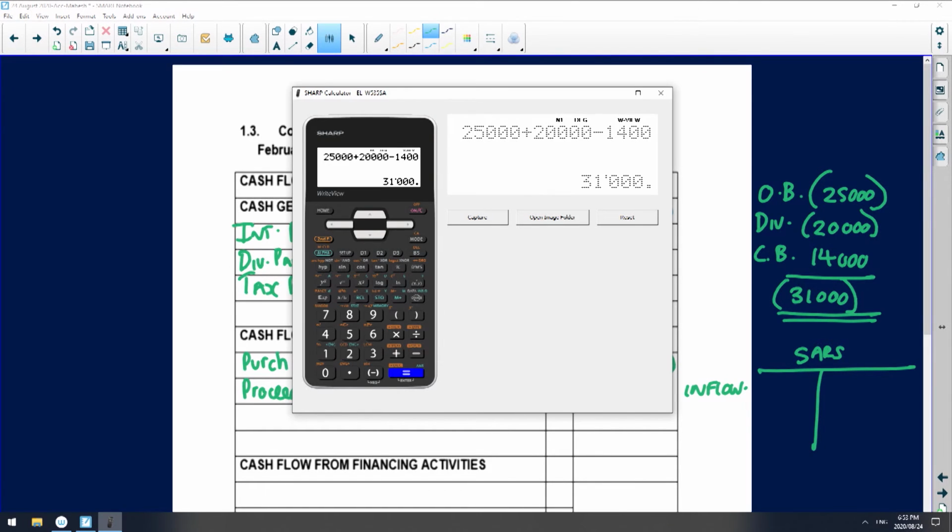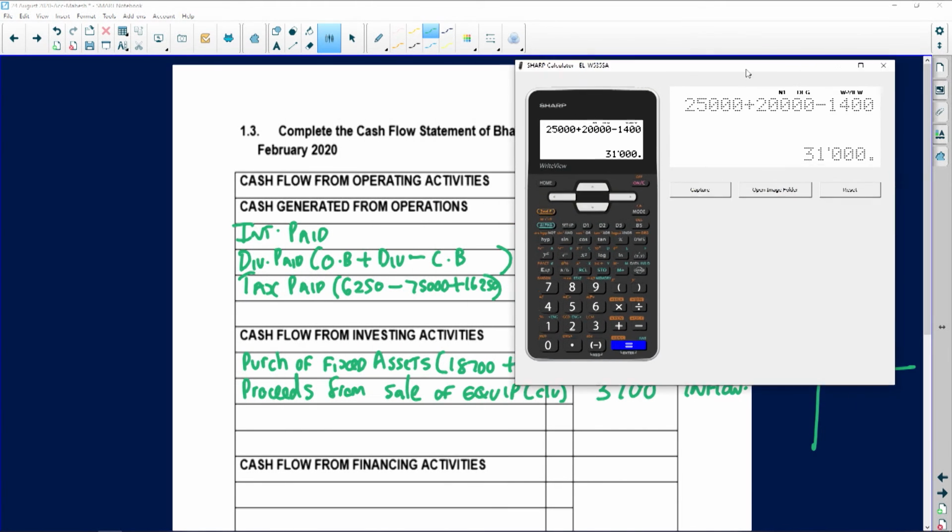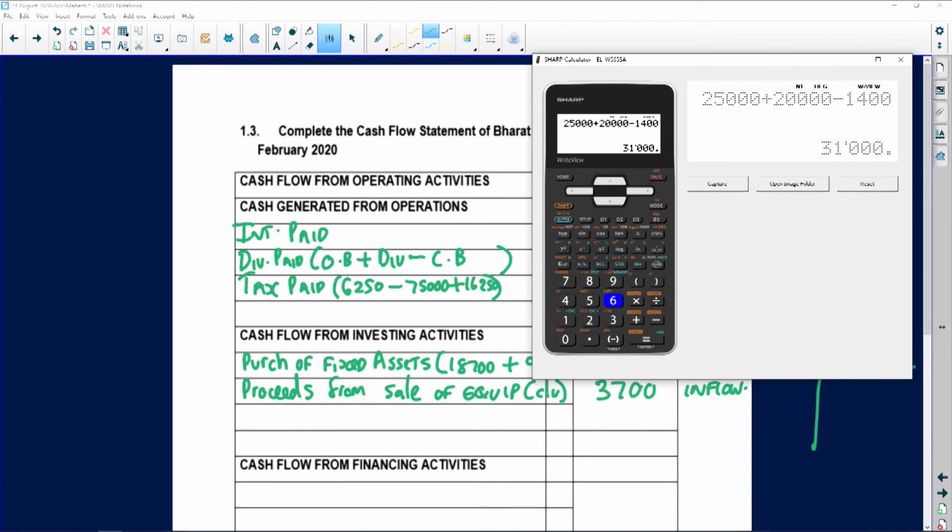Okay, so on our calculator, let's quickly calculate or add up our positive values. So we've got an amount of 6,250 plus, I'm going to add 16,250 minus 75,000, and the amount that we physically paid the receiver, 52,500.